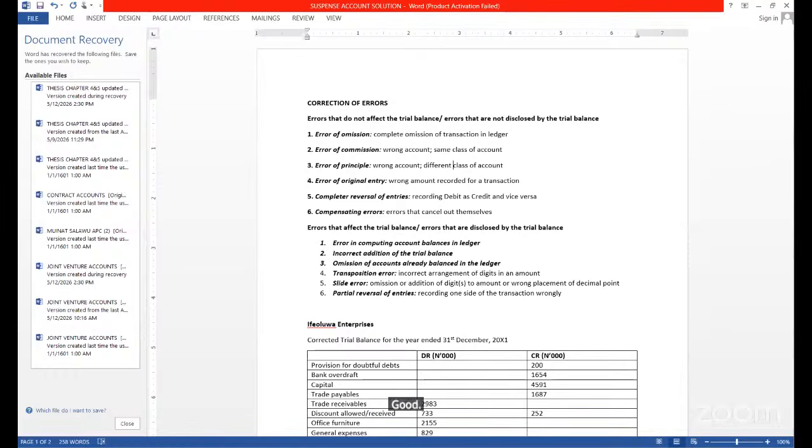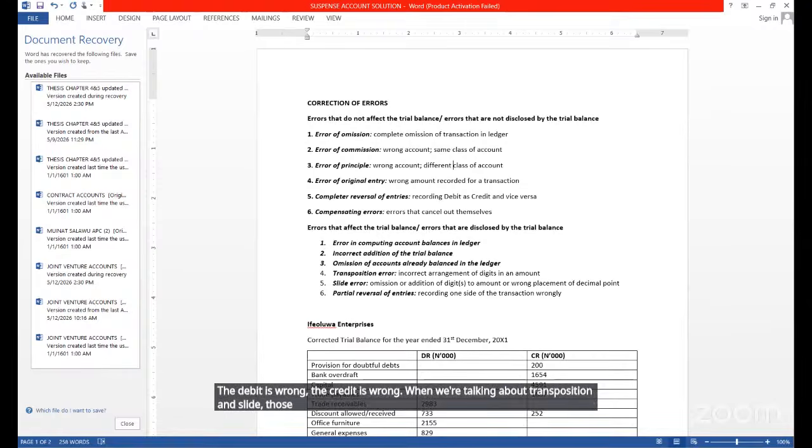So the wrong amount is recorded. In error of original entry, the wrong amount is recorded on the two sides. The debit is wrong, the credit is wrong. When we're talking about transposition and slide, those two, it is on one side. Are we together?